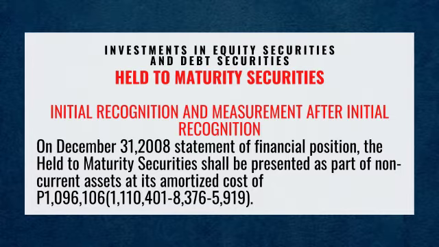On December 31st, 2008, Statement of Financial Position, the held to maturity securities shall be presented as part of non-current assets at its amortized cost of 1,096,106 pesos, or 1,110,401 less 8,376 less 5,919.